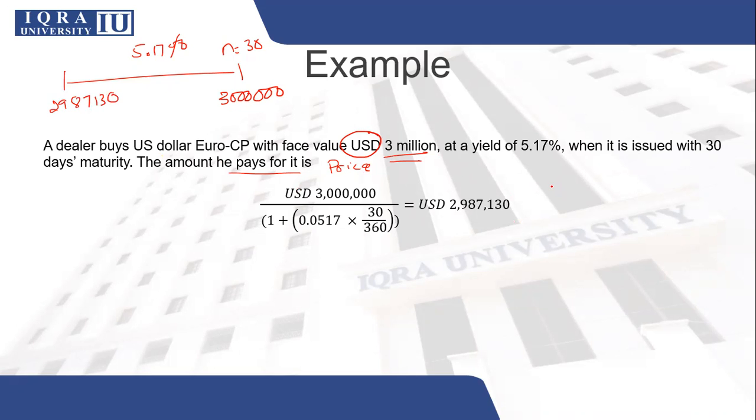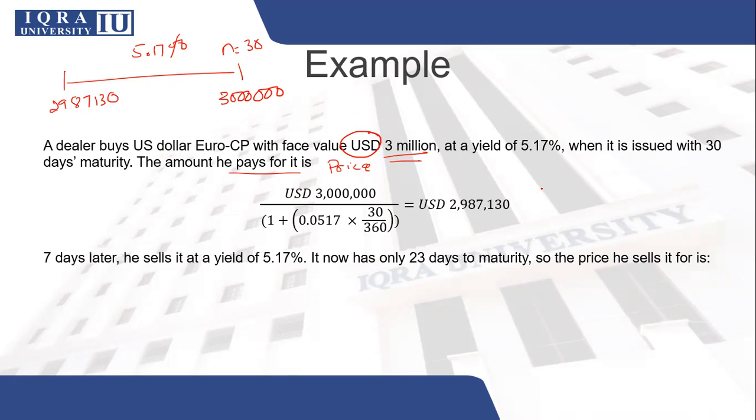Now let's see what the question says us to do. 7 days later, he sells it at a yield of 5.17%. It now has only 23 days to maturity. So the price he sells it for is... what is happening is that you purchased it when there were 30 days in its maturity. But 7 days later, you are going to sell it.